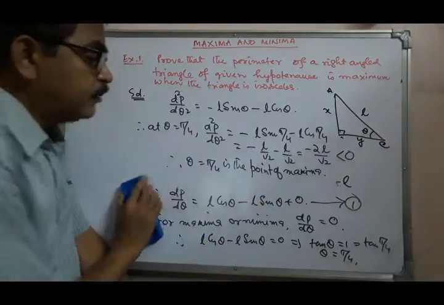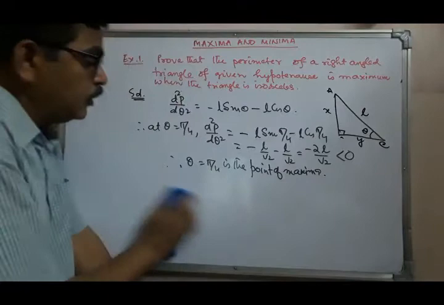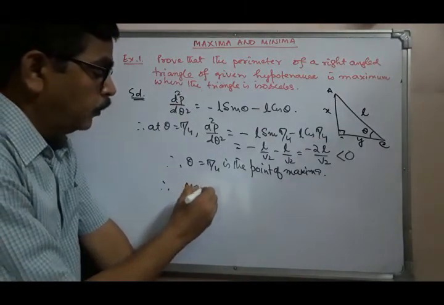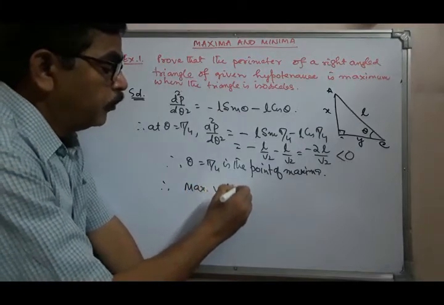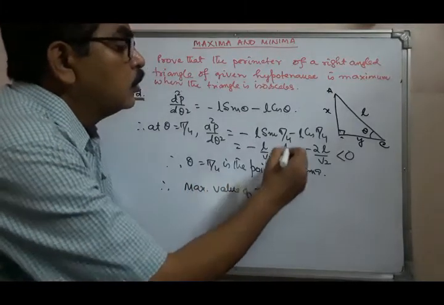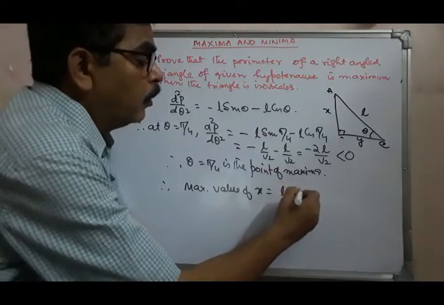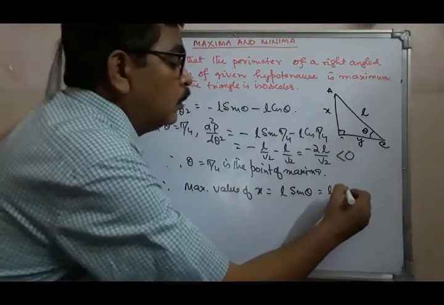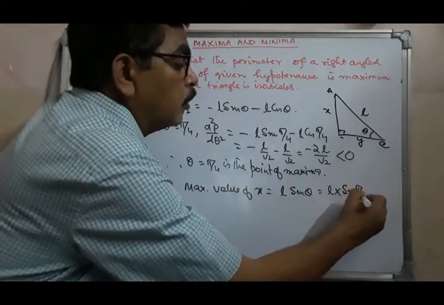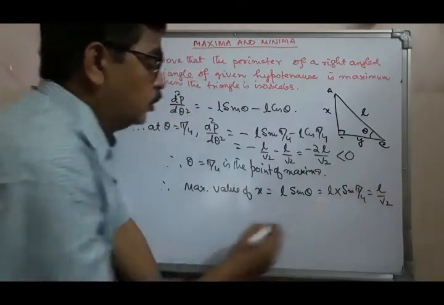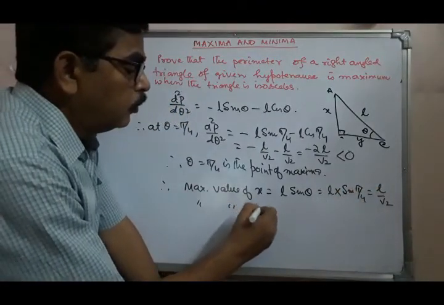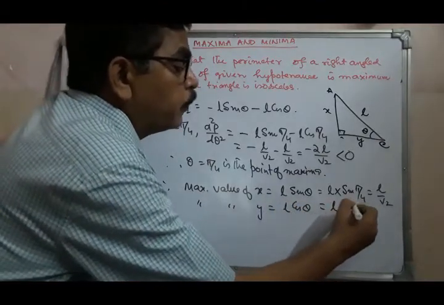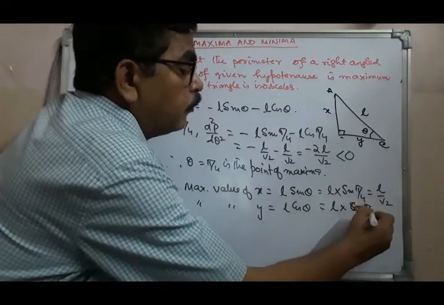and the maximum value will be obtained by replacing theta equals pi by 4. Therefore, maximum value of X equals L sin theta, that is L into sin pi by 4, which is L by root 2, and maximum value of Y equals L cos theta, therefore L into cos pi by 4.